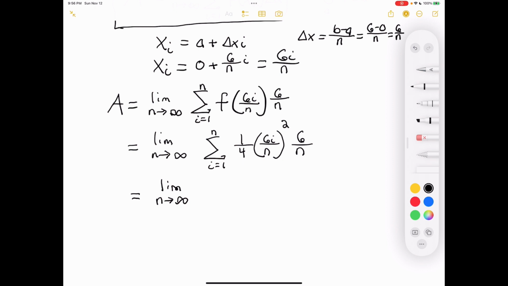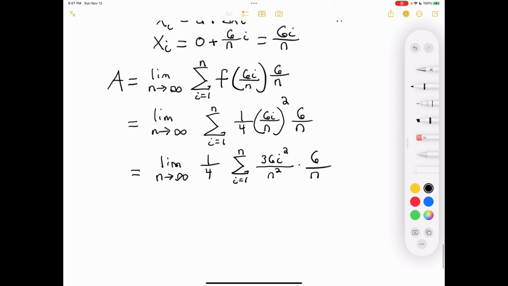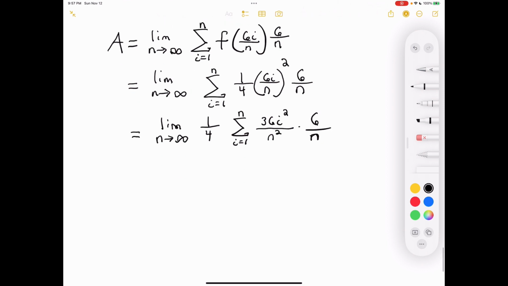So, first of all, constants can come out in front of the sigma. So we square 6i over n, square the numerator and the denominator.